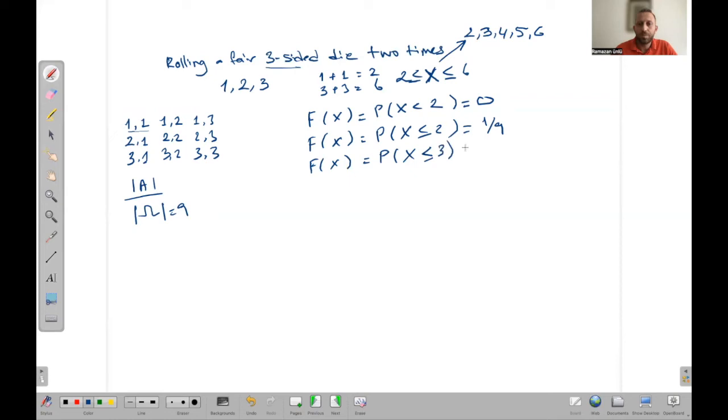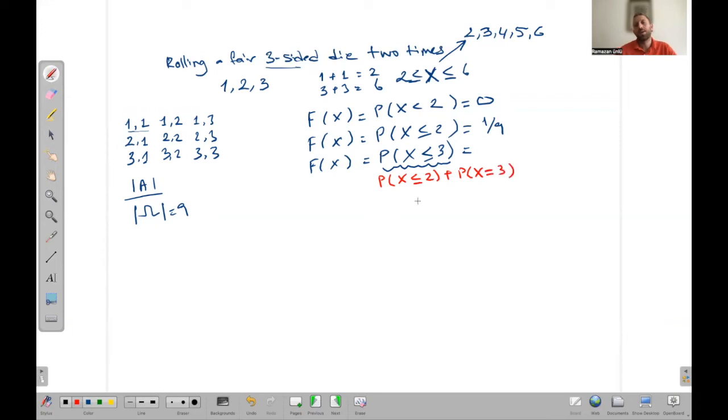I can write this as the probability of x is less than or equal to 2 plus the probability of x is equal to 3.